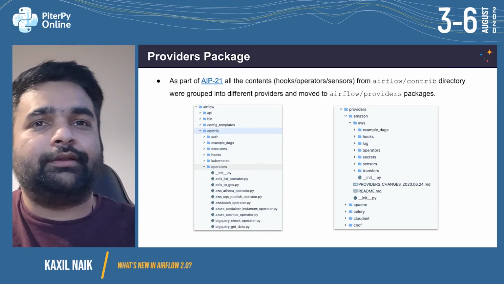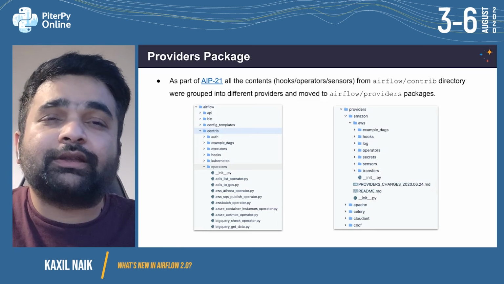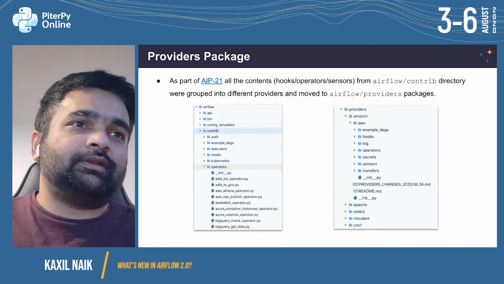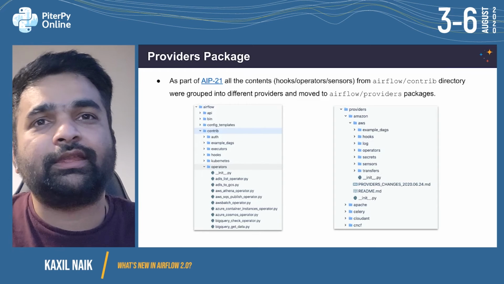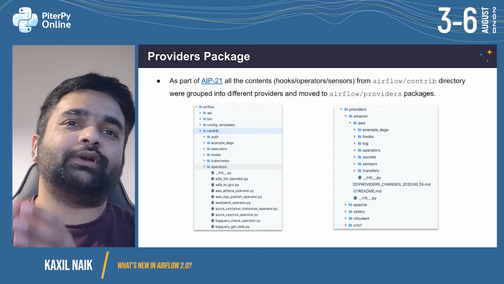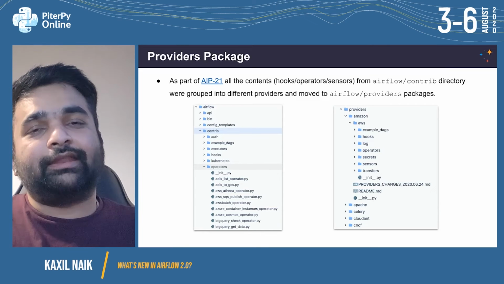An example would be the AWS Athena operator and AWS SQS operator. They were moved under the providers Amazon AWS directory. Similarly, all Google Cloud operators, hooks, and everything were moved under providers Google, and then cloud.